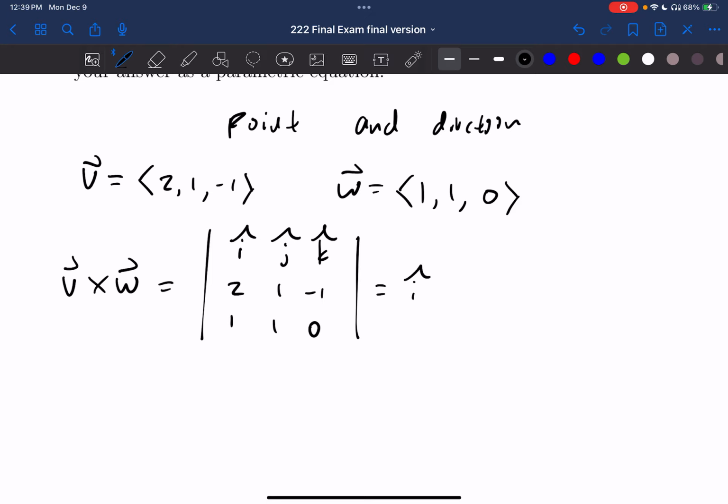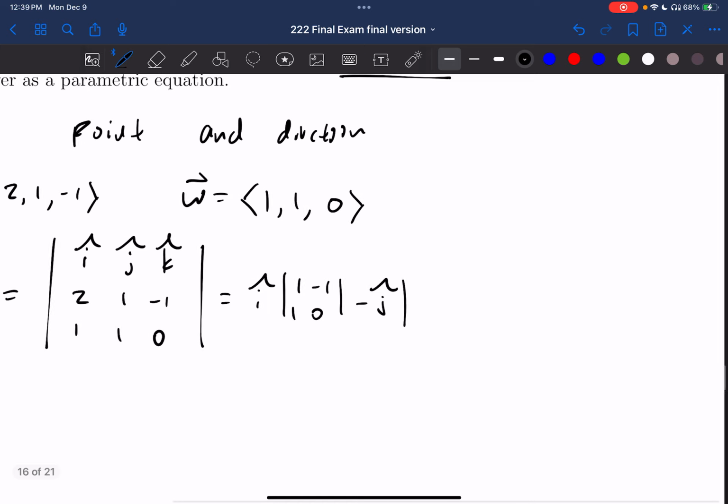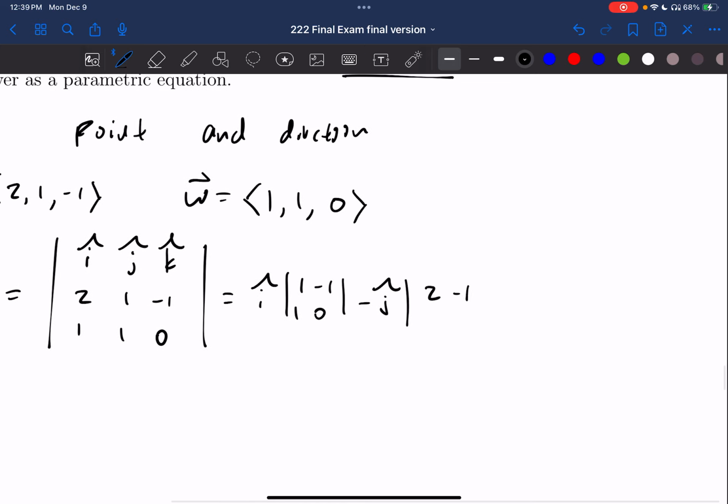Which will be equal to i times the determinant with rows 1, negative 1 and 1, 0, minus j times the determinant with rows 2, negative 1 and 1, 0, plus k times the determinant with rows 2, 1 and 1, 1.